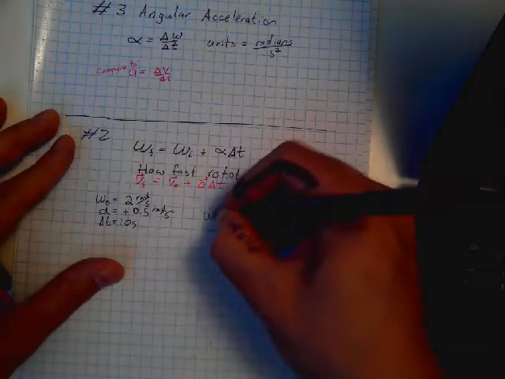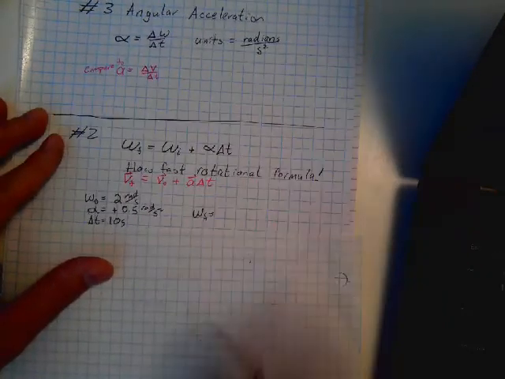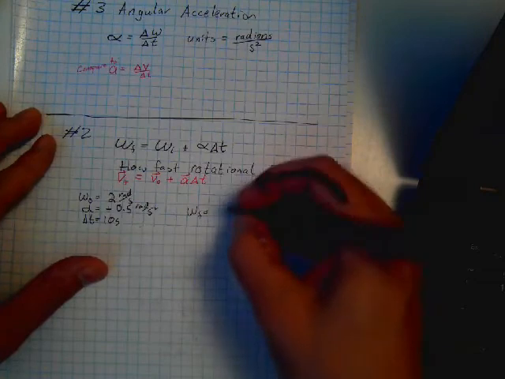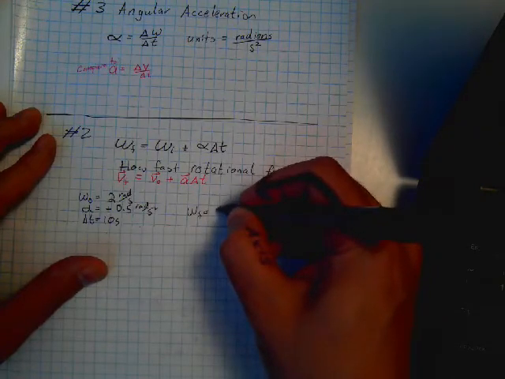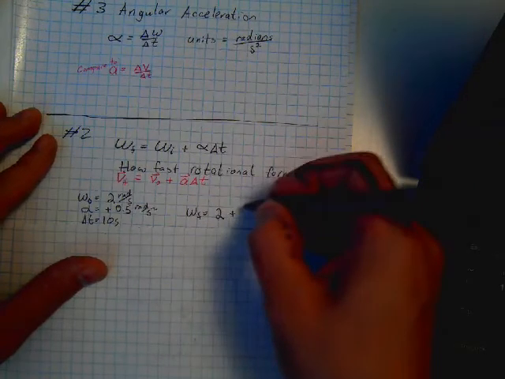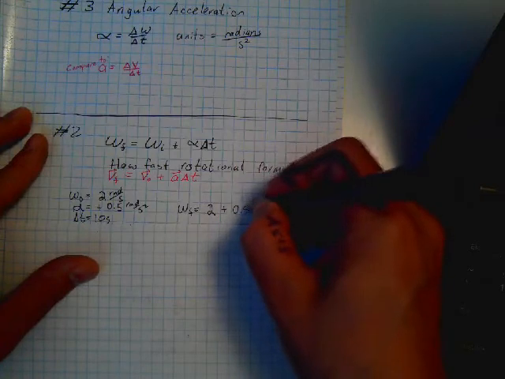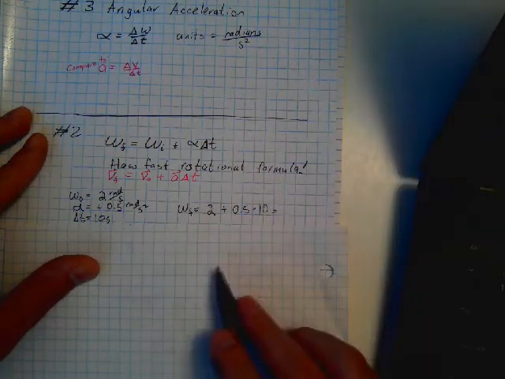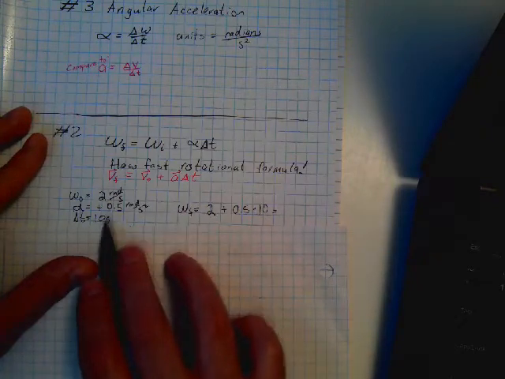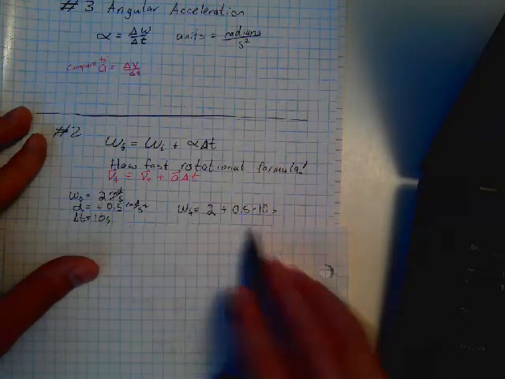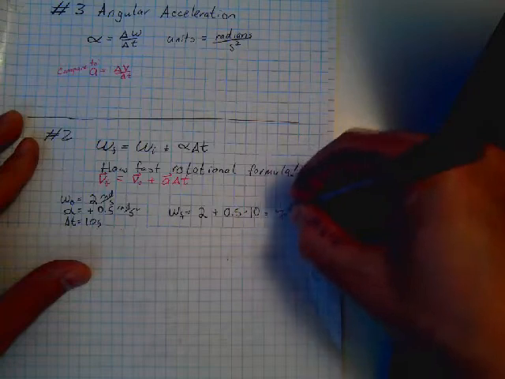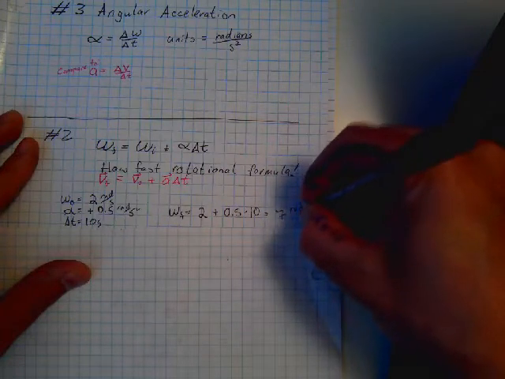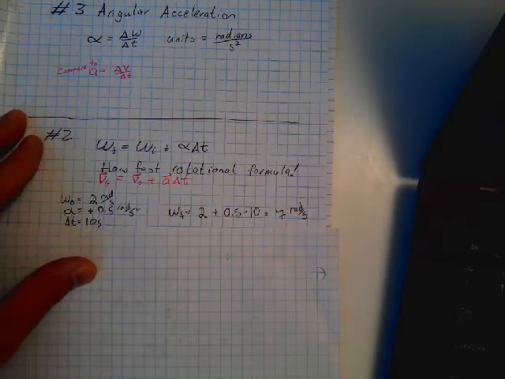So our final would just be our initial 2 plus 0.5 times 10. This one is going to be speeding up, right? So 10 times 0.5 is going to get us 5. That would be a final angular velocity of 7 radians per second.